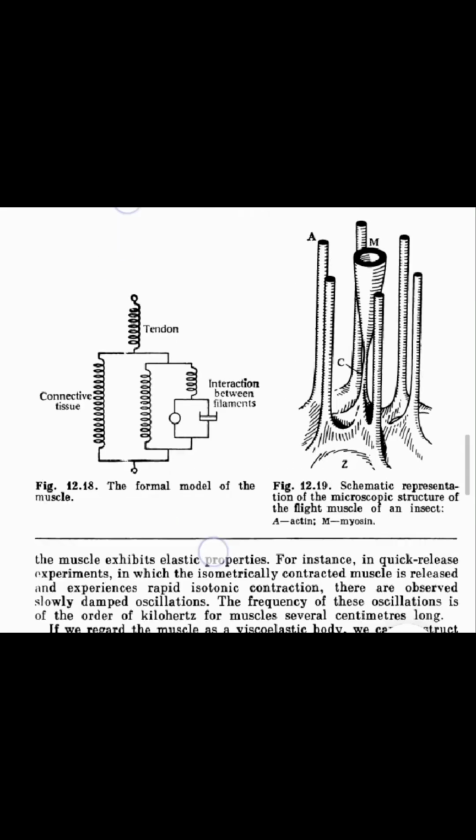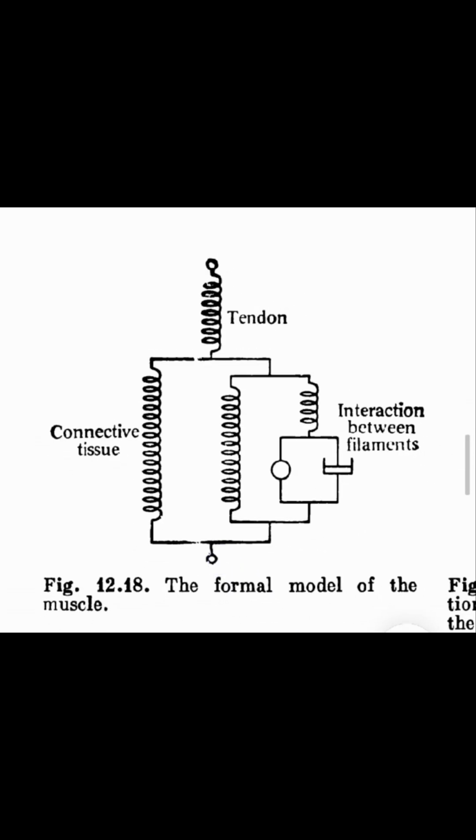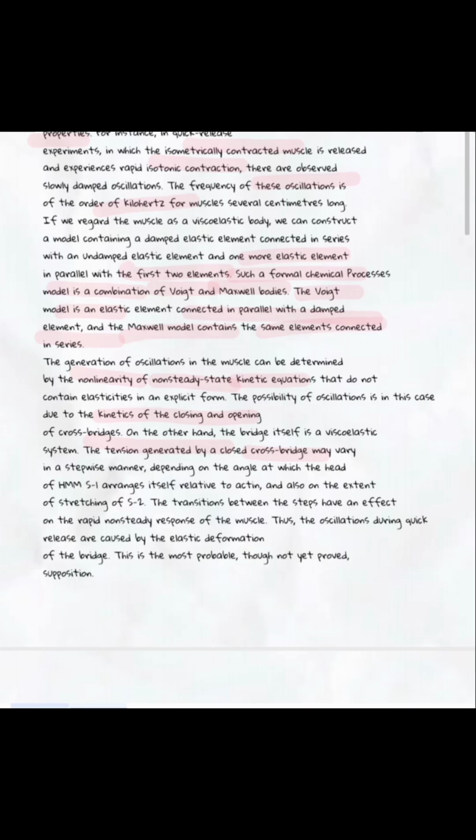As you see in this diagram, the transitions between the steps have an effect on the rapid non-steady response of the muscle. Thus the oscillations during quick release are caused by an elastic deformation of the bridge. This is the most probable, though not yet proved, supposition.